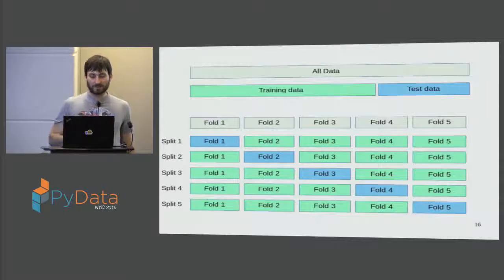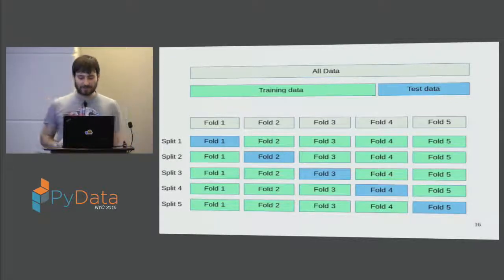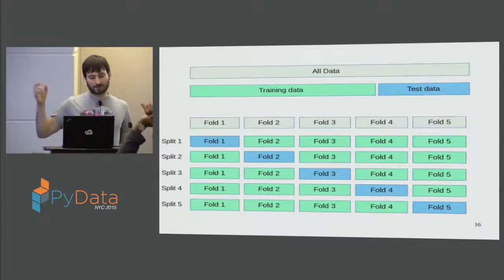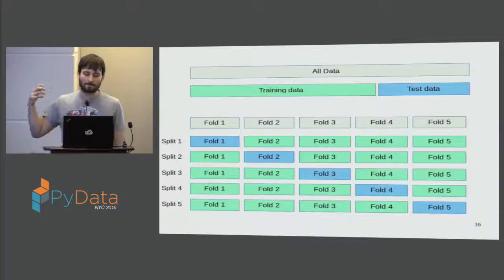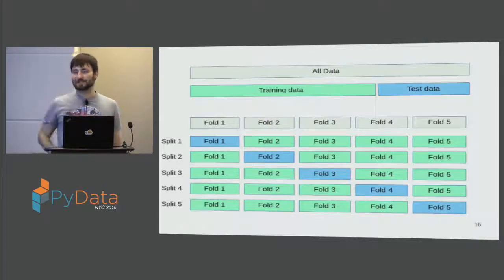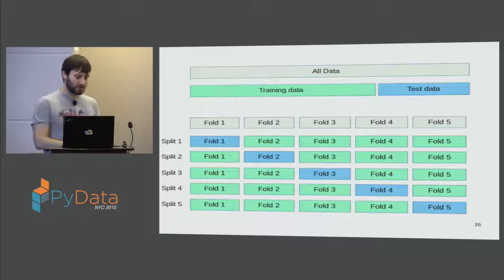If you do cross-validation, each data point will be in the test set once, so you're protected against this. Also, instead of having a single score on the test set, you now have 5 scores, which means you have some estimate of the variance between the scores. So if one of them is 10% accuracy and one of them is 90% accuracy, well, then I wouldn't trust the model, because you have no idea what it's actually going to do. But if they're fairly close together, you can be sure that the model is pretty consistent.